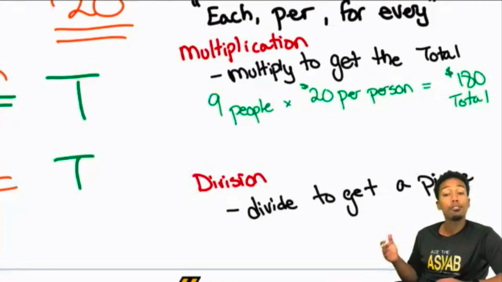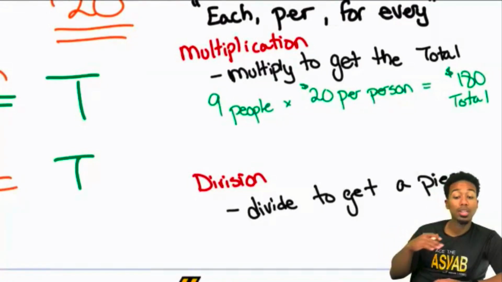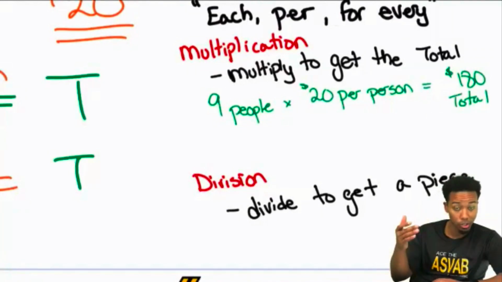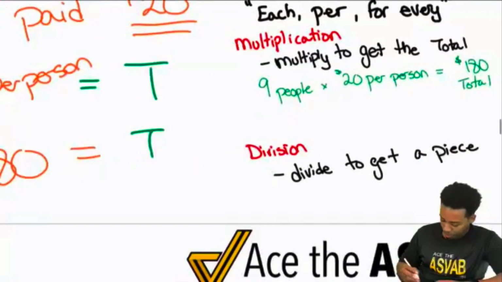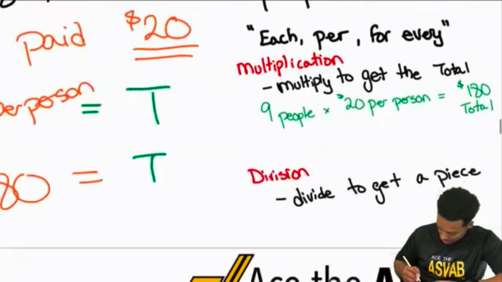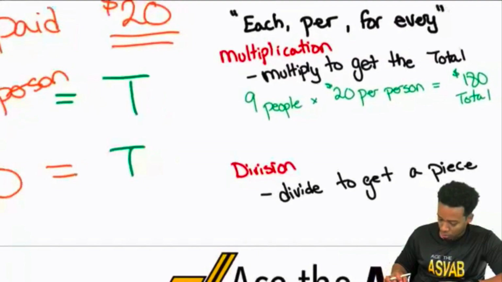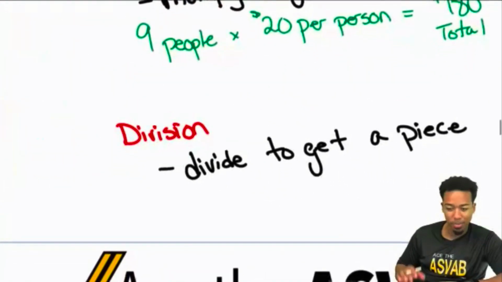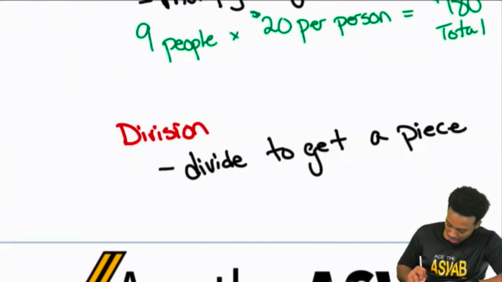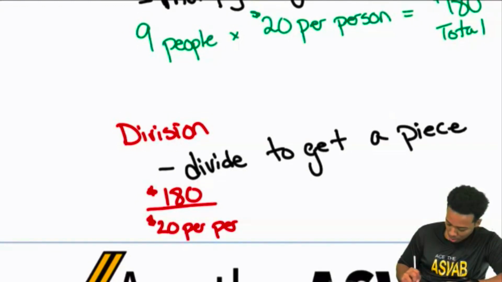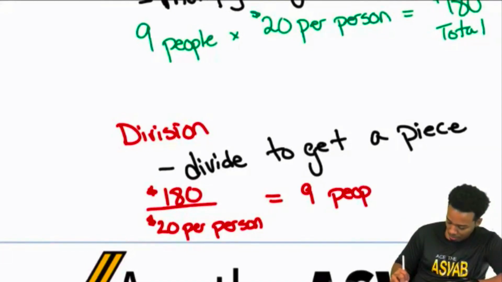That's working forward. Now, working backwards, if using division, you would go with something like this. I'm going to use red to go backwards here. So let me just zoom in just a little bit, and I'll go back up if anybody needs me to. I got you. But we can say $180 divided by 20 per person equals 9 people.